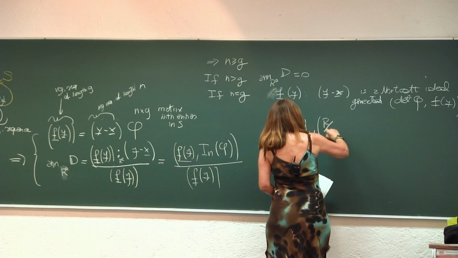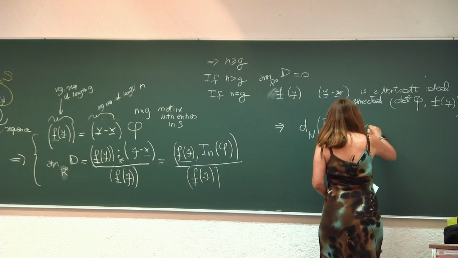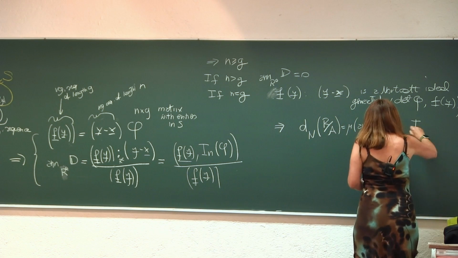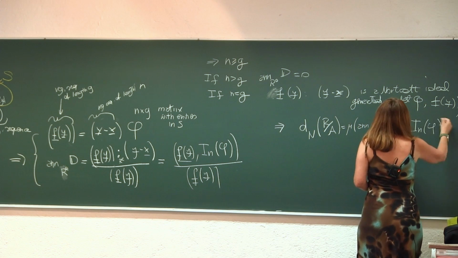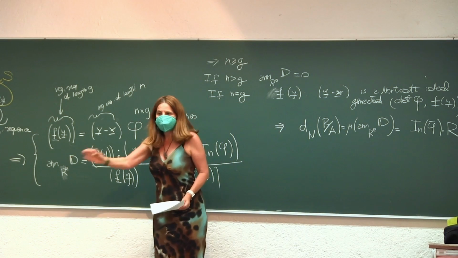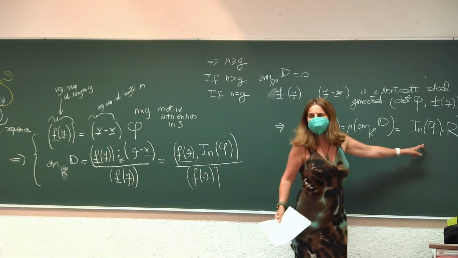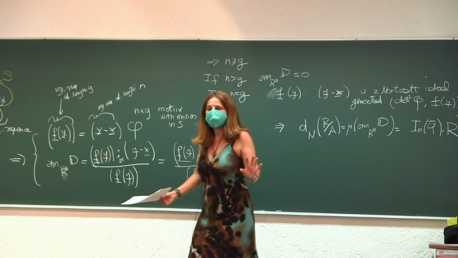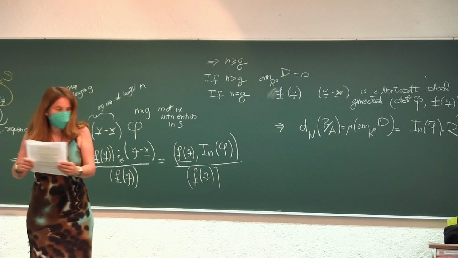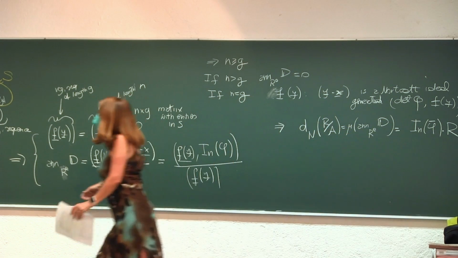So what I get from here immediately is that my mu of the annihilator, so my Noether different, which is mu of the annihilator, so simply the image when you throw it in R, is simply given by n of phi times R. So I have to take this matrix, throw it through phi to R, so the entries are in S, look at the image in R, and then multiply by R. Okay?